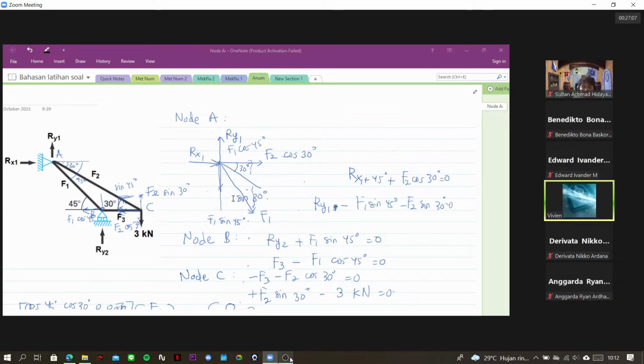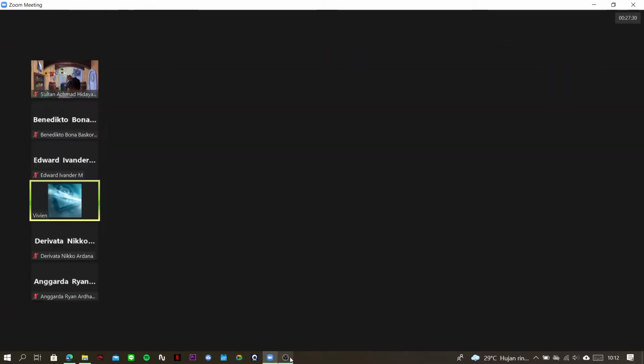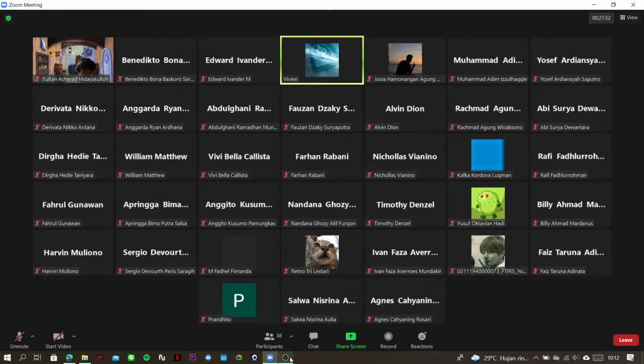If we have F1 here, the angle here is 45. So this F1 here has two components.